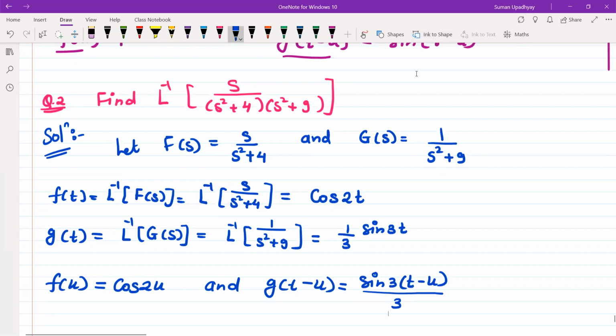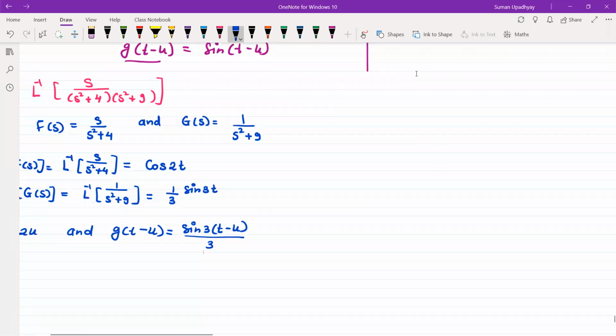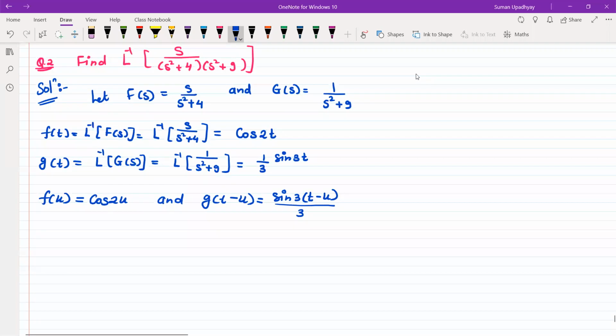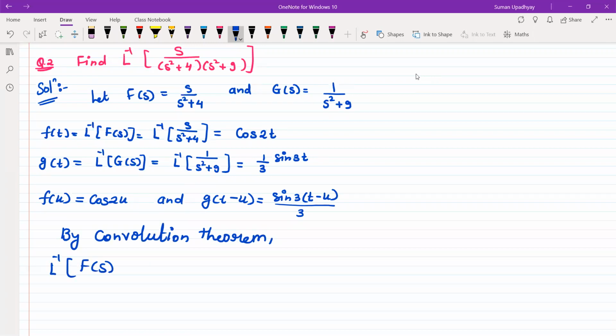Now next I'm going to write down the formula for the convolution theorem. By the convolution theorem, the Laplace inverse of f of s into g of s is the integration from 0 to t of f of u g of t minus u.